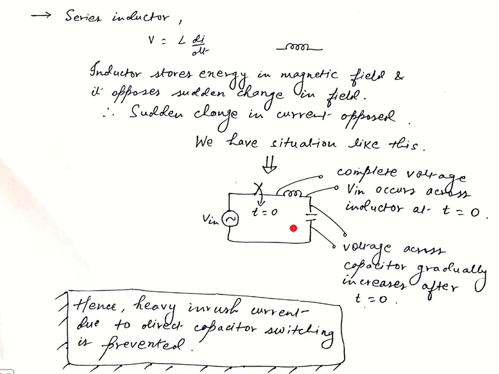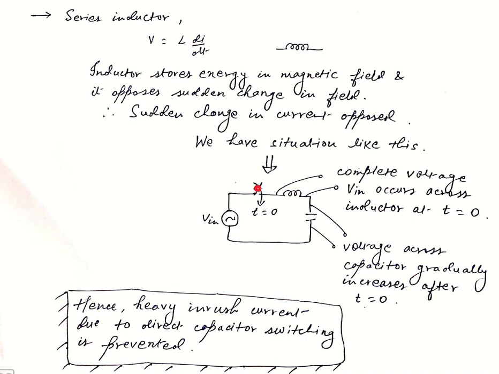So to simplify this situation, this will be the situation we will be having. We have a voltage source applied across an inductor and capacitor through a switch which is switched on at t equal to 0. At t equal to 0, current flowing through this will be 0 because the switch was open.